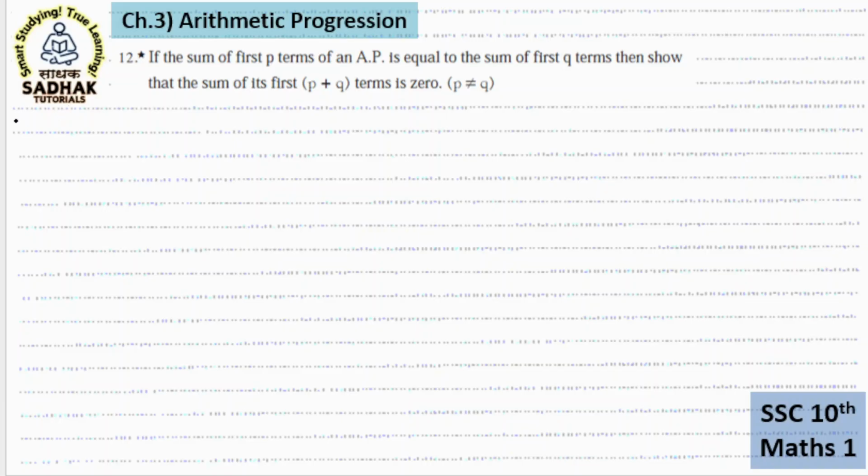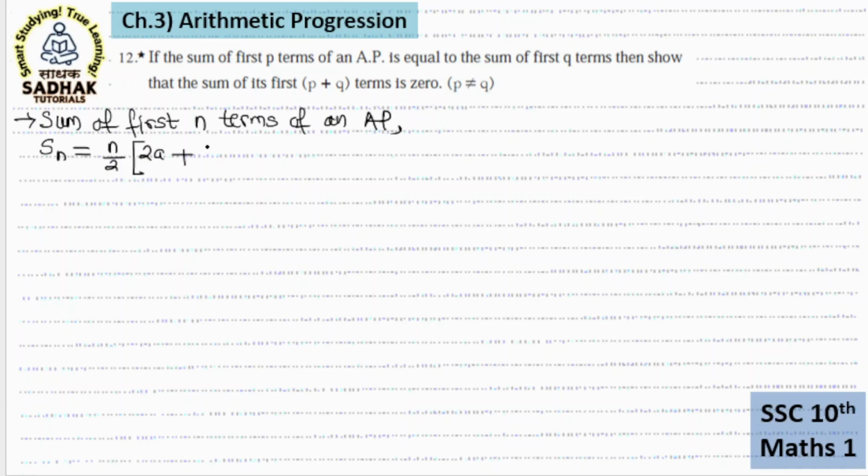Okay, so now friends, we know that the sum of first n terms of an AP is written as Sn is equal to n upon 2 [2a plus (n minus 1)d]. Okay, so this is how we write the sum of first n terms of an AP.